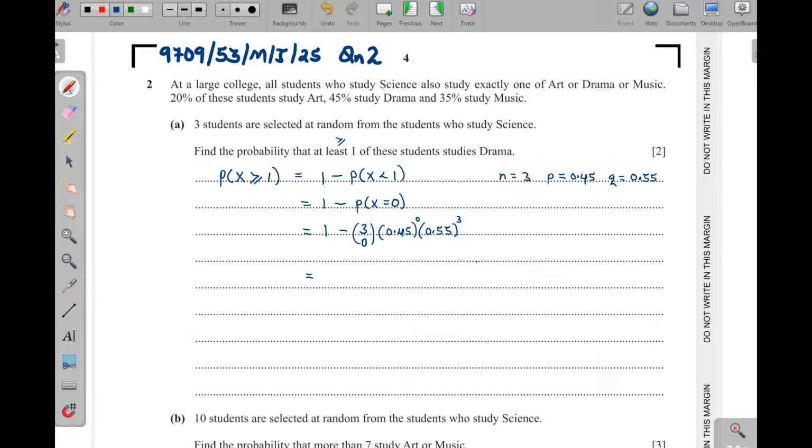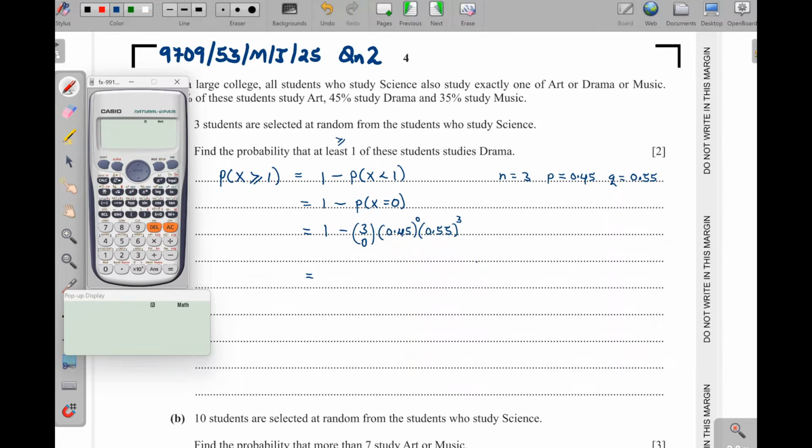Okay, now putting this in the calculator, what do we get? 1 minus, then we have 3 combination 0 is a 1. In fact, we are having 0.55 power 3, because even 0.45 power 0 is a 1.